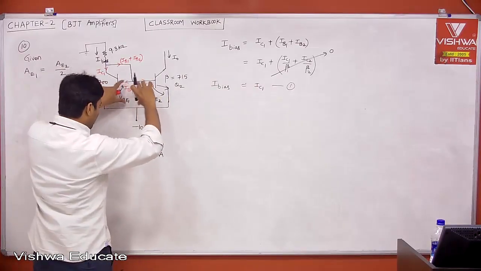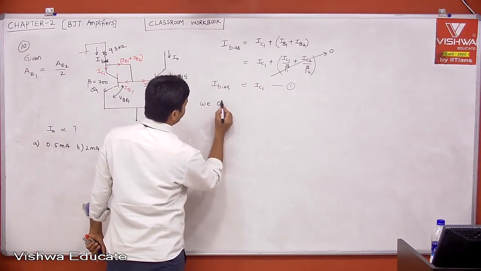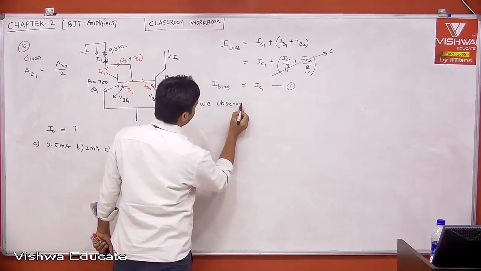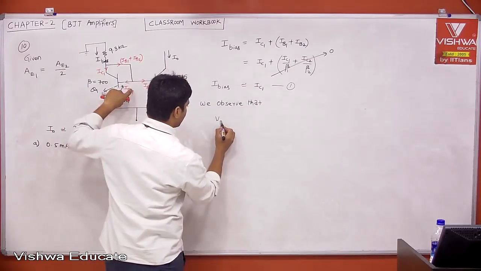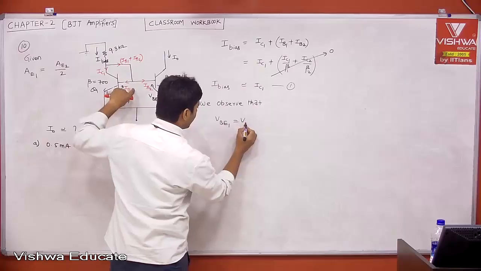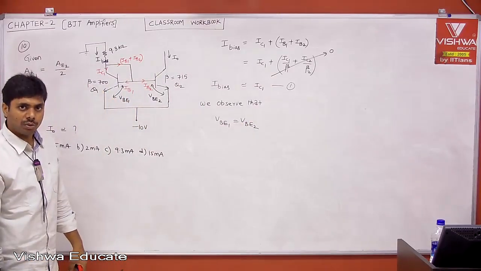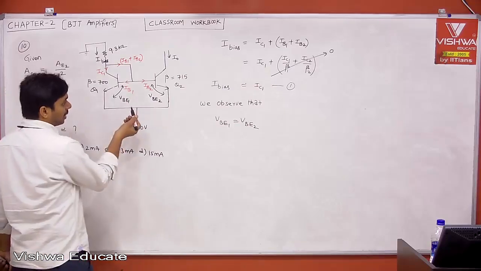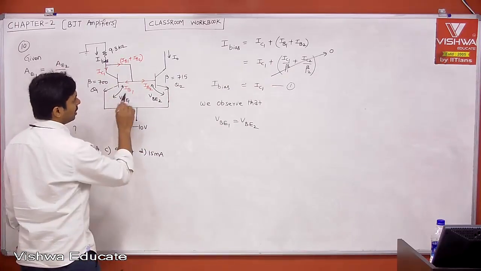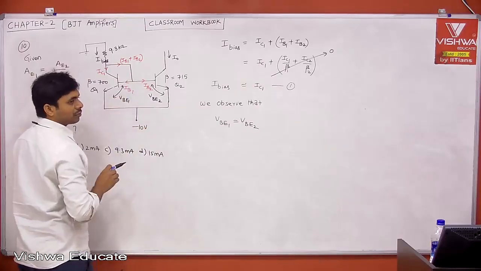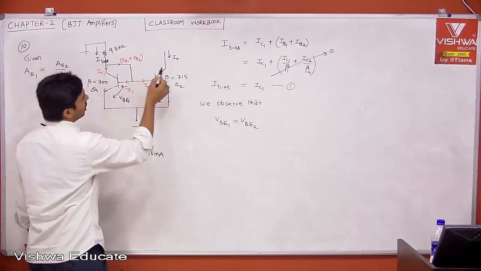Therefore, both have the same VBE, so VBE1 is equal to VBE2. If VBE1 is equal to VBE2 and the same base current is flowing, then IC1 will be equal to IC2, right?